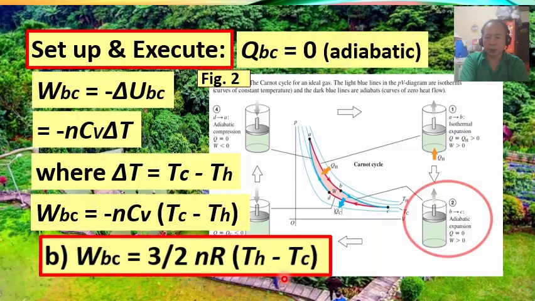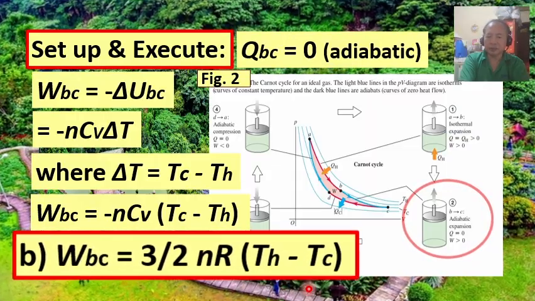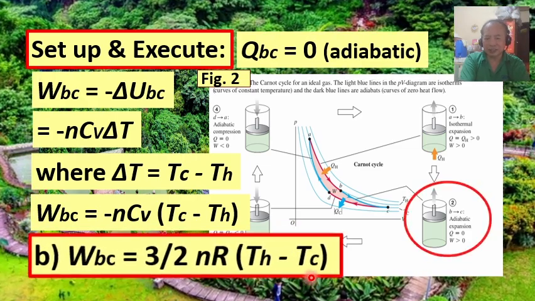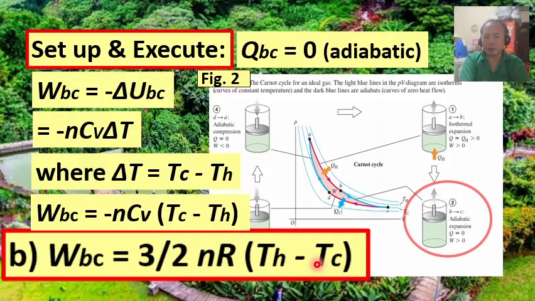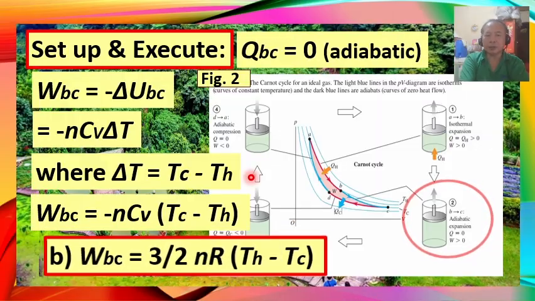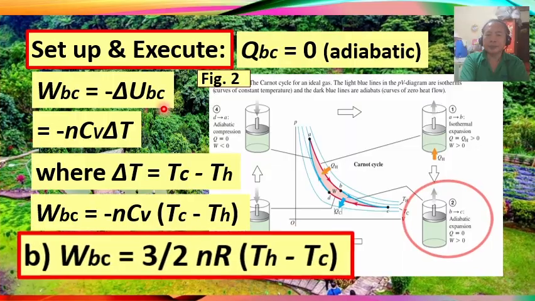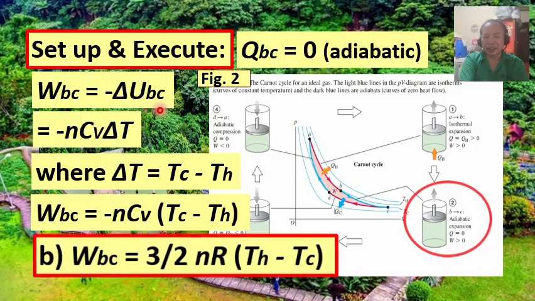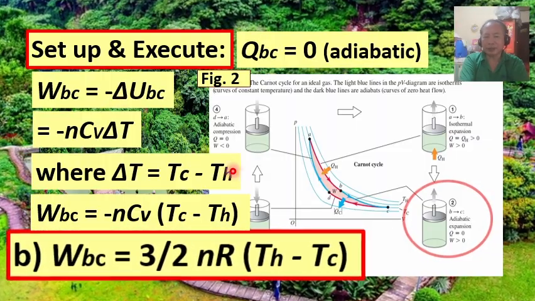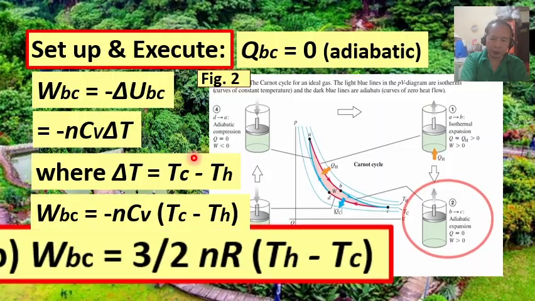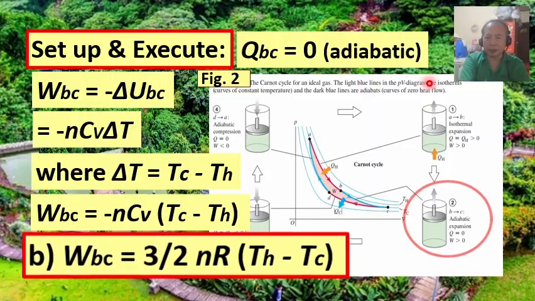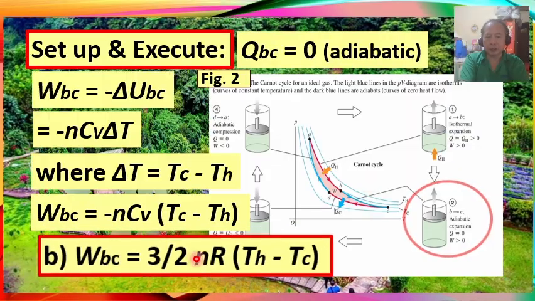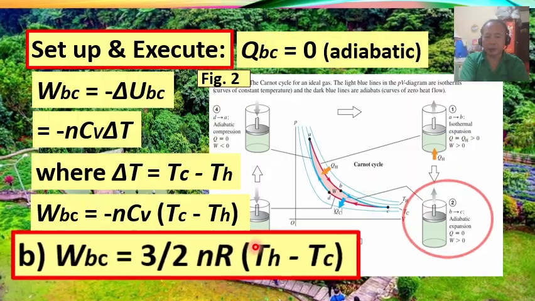The fact that Th is greater than Tc, with Tc being the final temperature, agrees with that analysis, that a decrease in internal energy is associated with a decrease in temperature in an adiabatic process such as what we have here. So this is our final answer to the question in part B.